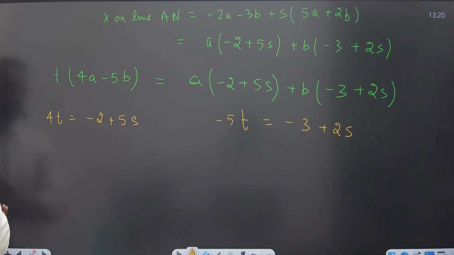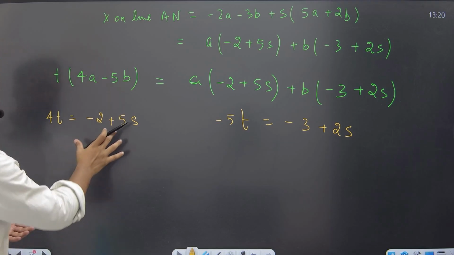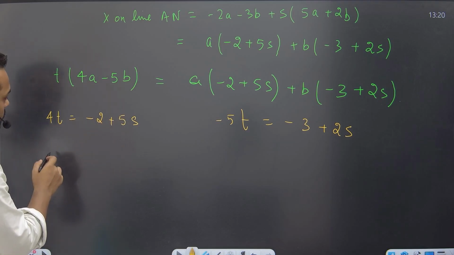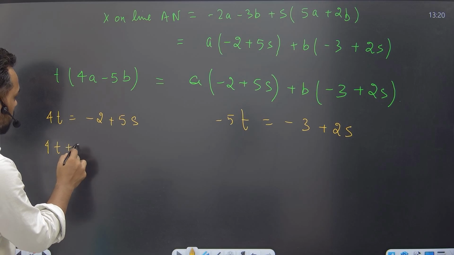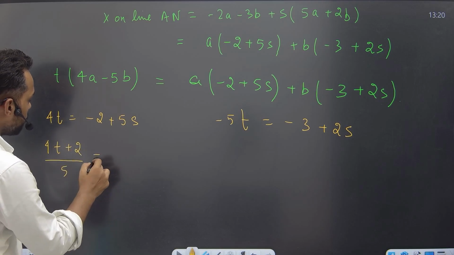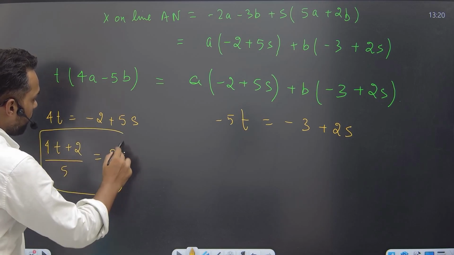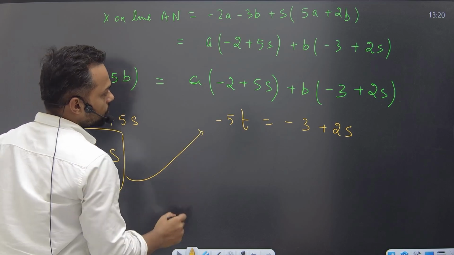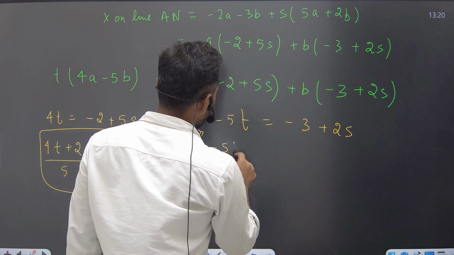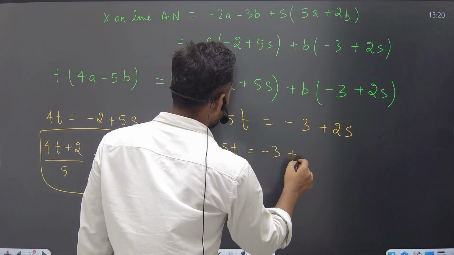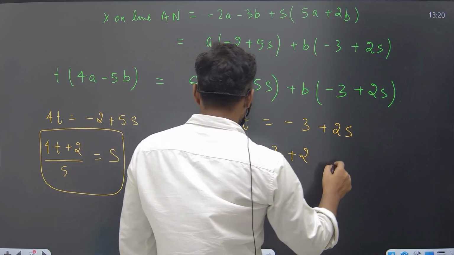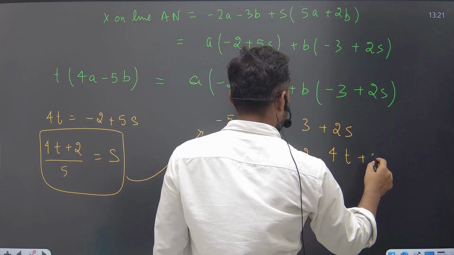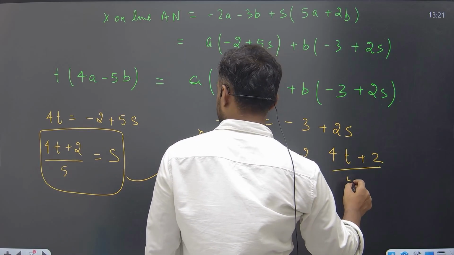From here, if I take the value of s, you will get (4t plus 2) upon 5 equals s. Plug in the value of s in this equation, so you will get minus 5t equals minus 3 plus 2 times (4t plus 2) upon 5.